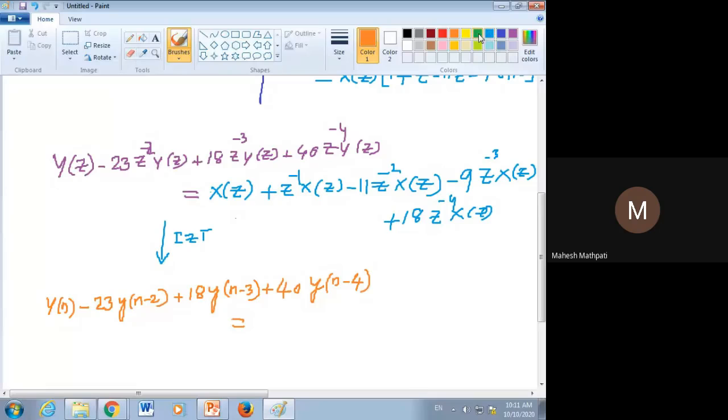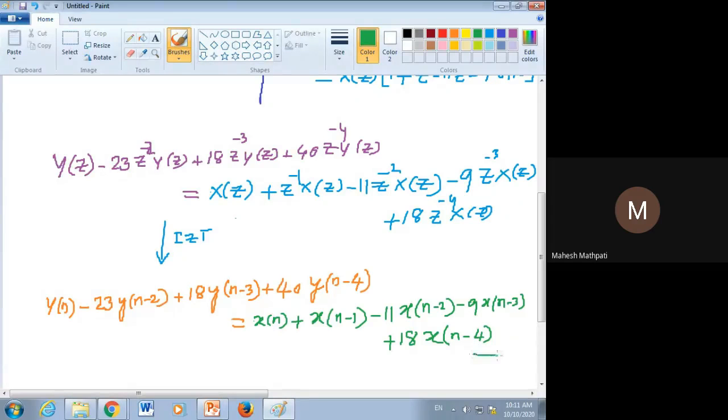On the right side part, X of n plus X of n minus 1, then minus 11 X of n minus 2, minus 9 X of n minus 3 plus 18 X of n minus 4.